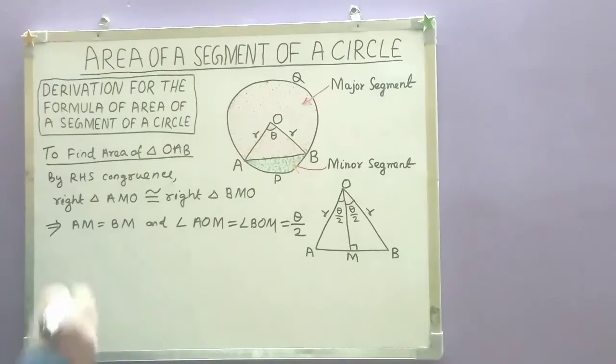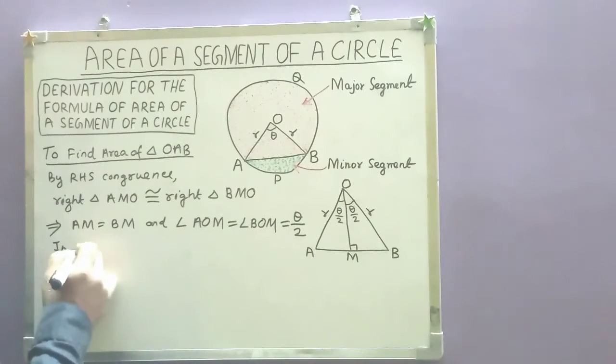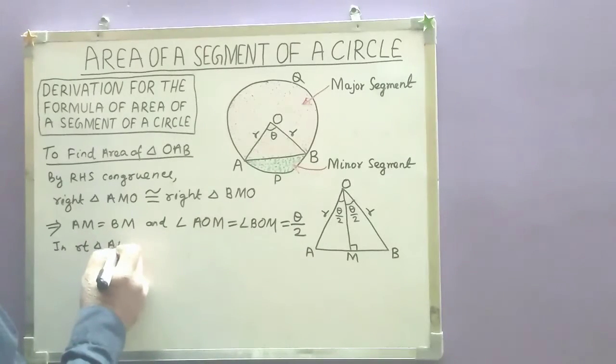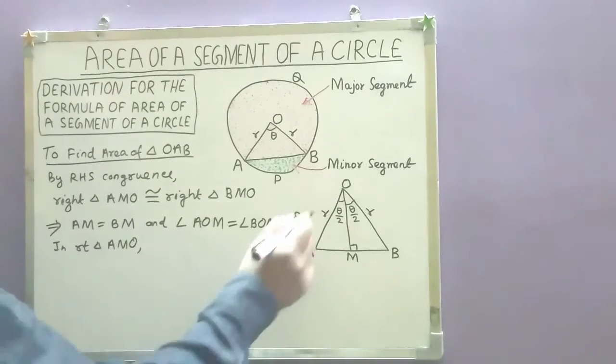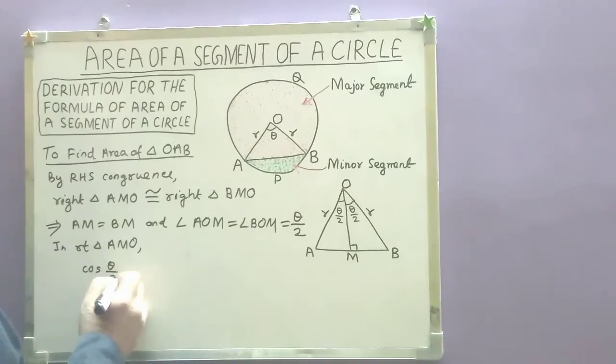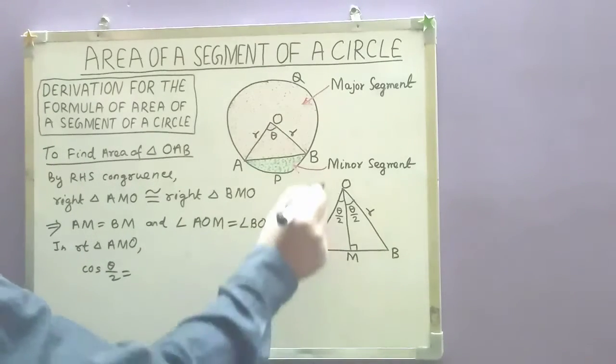Now, in right triangle AMO, right angled at M, we have cos theta upon 2 equal to OM upon OA.